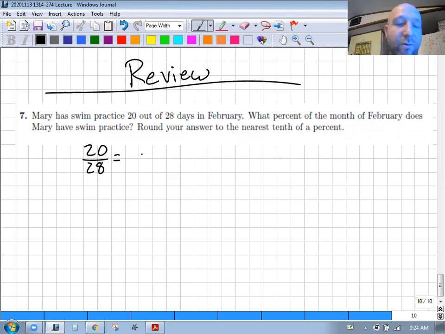This is 0.71403. All right, so we need to convert this to a percent. So this is 71.43. They want it rounded to the nearest tenth, right?